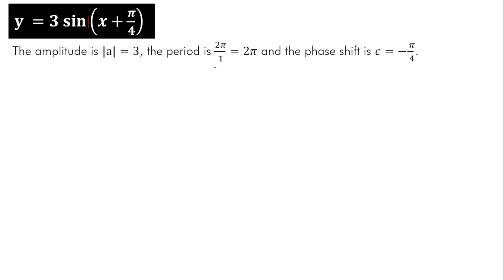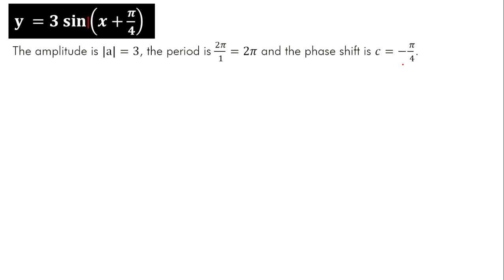So that is 2π over 1, which is equal to 2π. And then for the phase shift, if we want to identify the value of c, all you need to do is equate x + π/4 to 0. And x + π/4 = 0 gives x = -π/4. So therefore, we have the phase shift of -π/4.